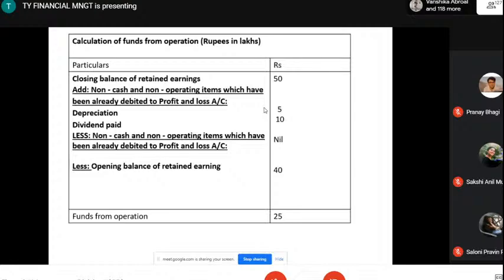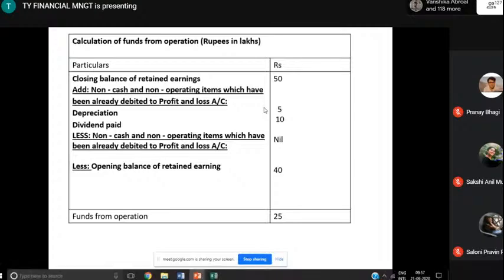So simple it is. What is the FFO? Funds from operation? Done now. 25 lakhs.